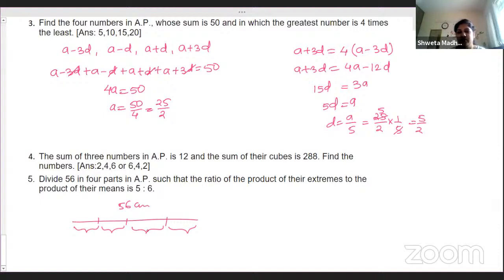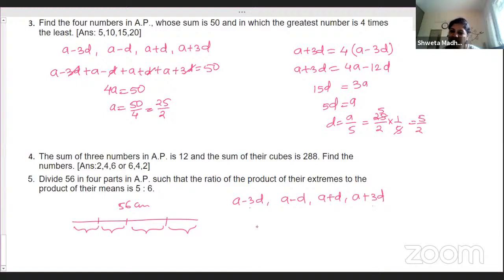The ratio of the product of their extremes to the product of their means. Extremes means the first and last, and means means the two middle ones. The 4 terms are a minus 3d, a minus d, a plus d and a plus 3d.